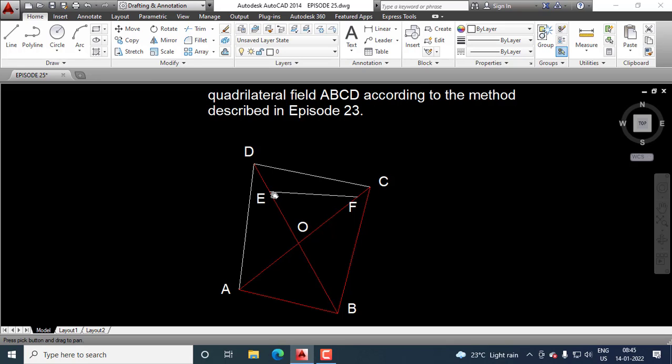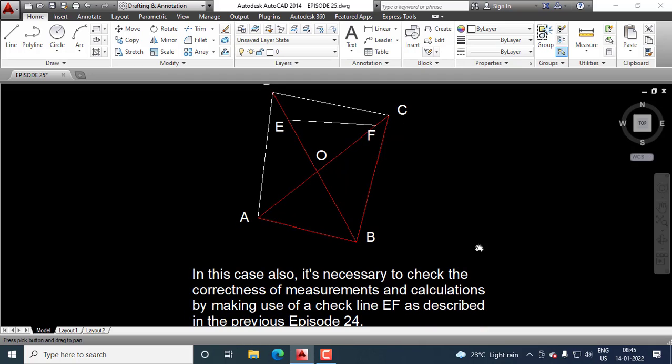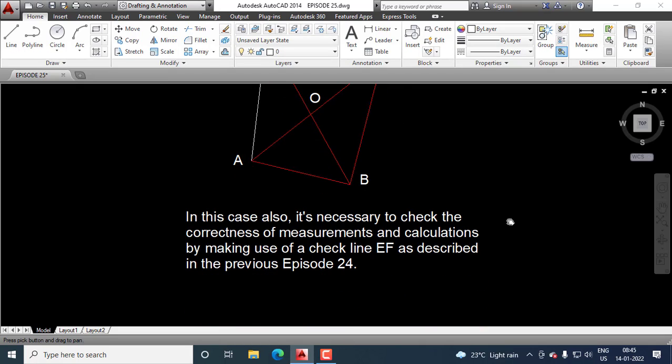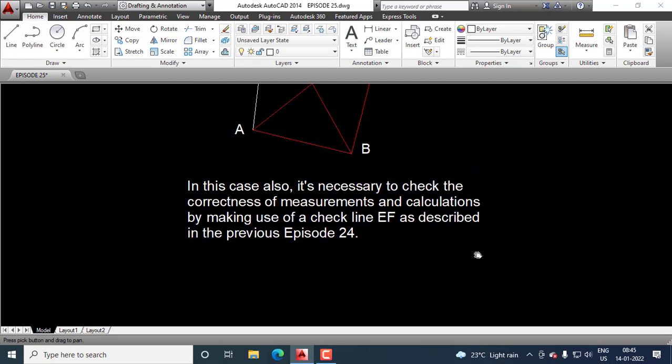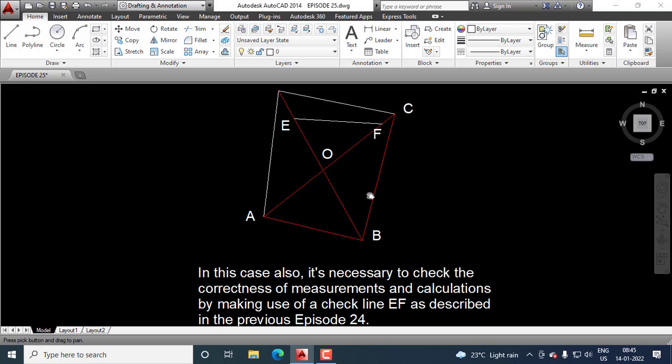DE must be as short as possible and CF must be as short as possible for accurate results. So we know how to calculate the distance between E and F. This was described in the previous episode 24. So we can check the accuracy of our field also.